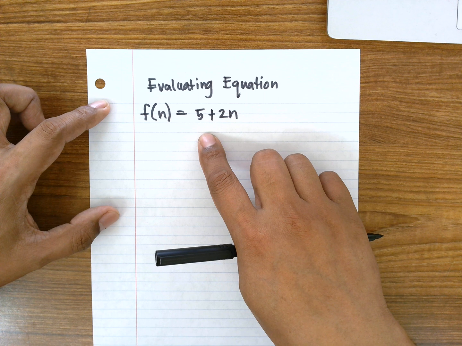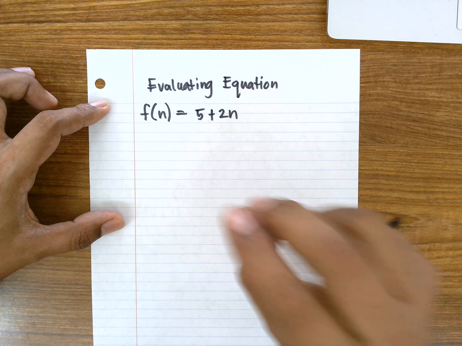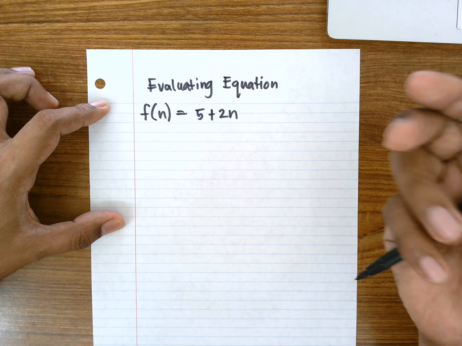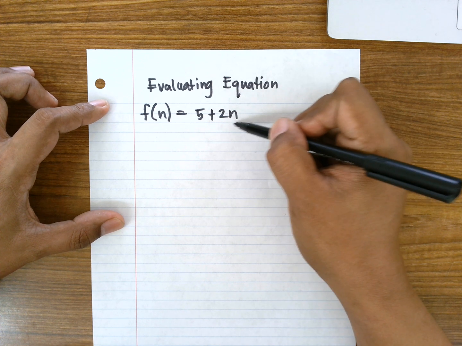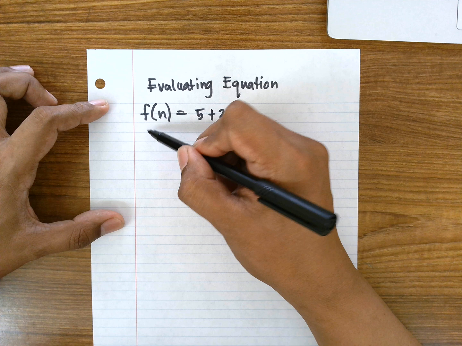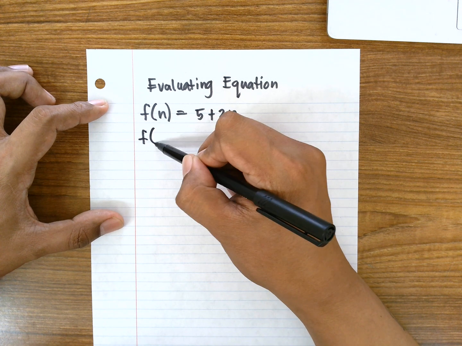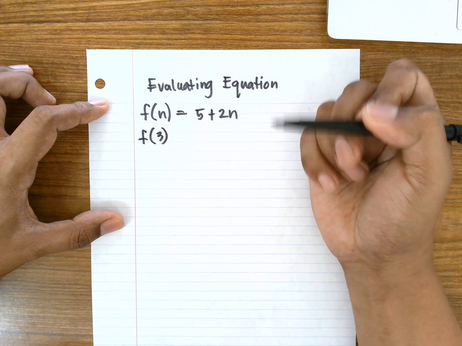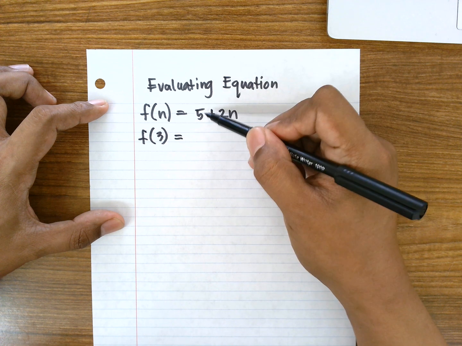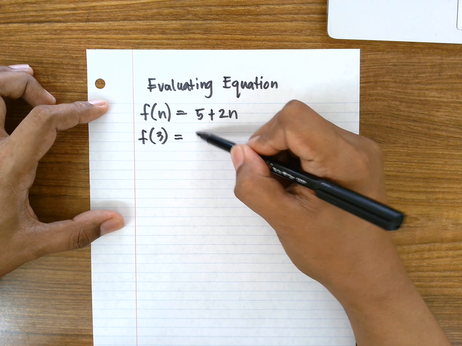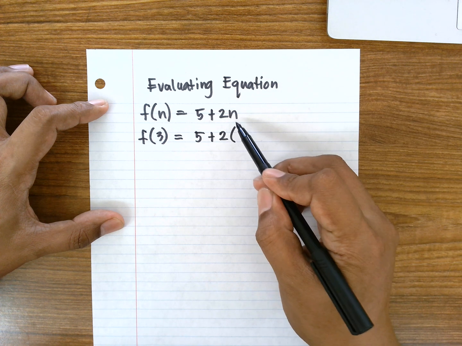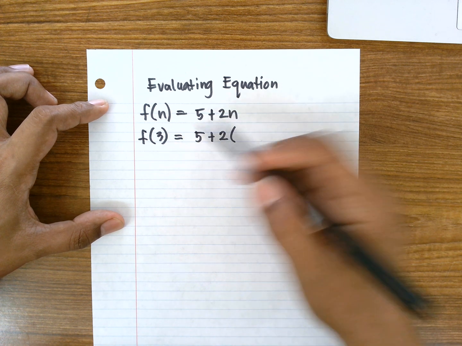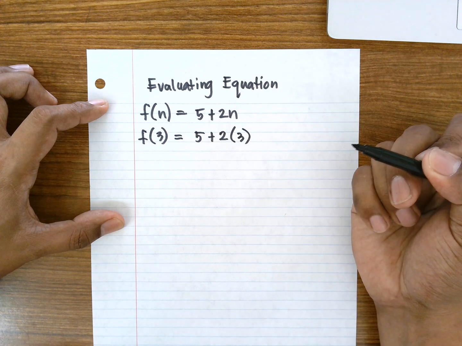Now, our goal here is to determine what is the value of our equation if we have a specific value for n. Let's say my n here is equal to 3. So that is equal to 5 plus 2 times, what is our n here? Our n here, class, is 3.